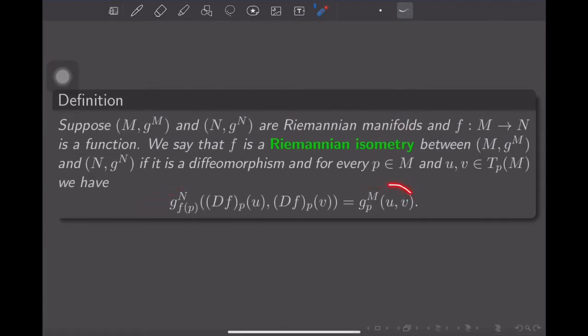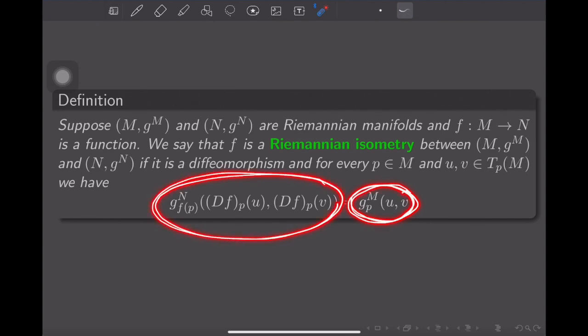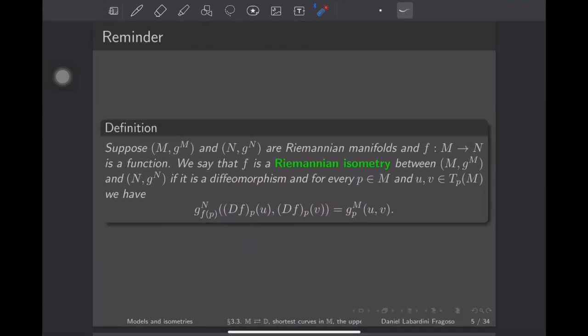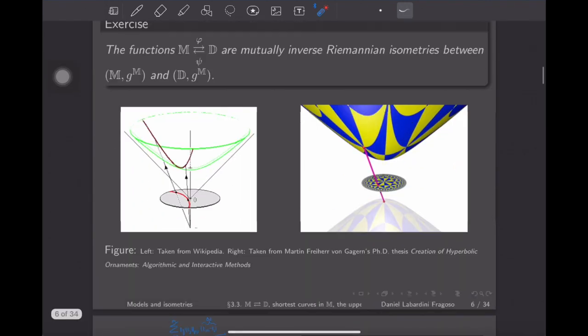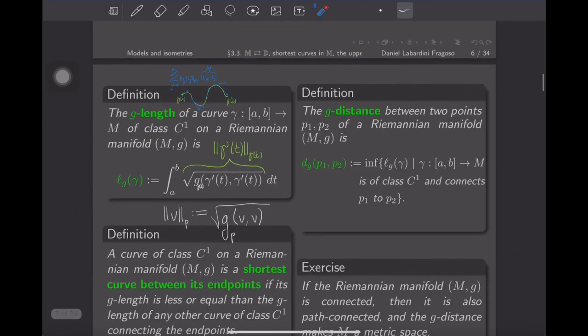So the inner product you can compute here, or you can compute here in the image, and the value doesn't change. And so that means that the length of the curve is the same in the domain, or that the length of this curve is equal to the length of its image under the Riemannian isometry.